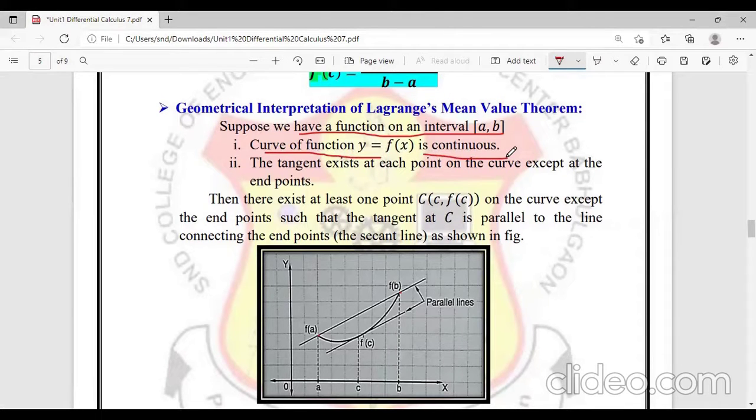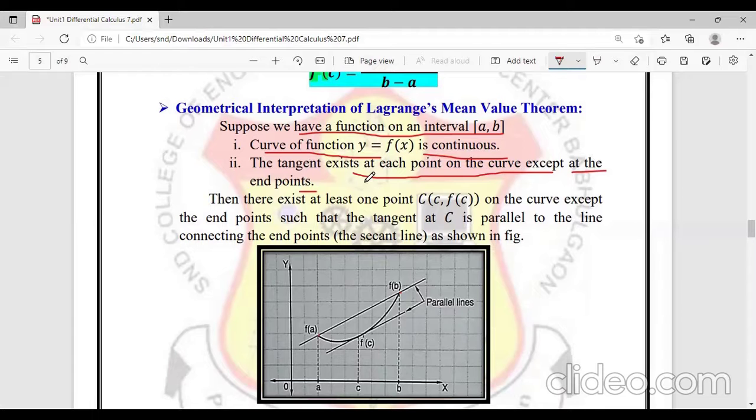The second condition is that the function is differentiable in the open interval AB, and the geometrical meaning of differentiability is that a tangent exists at each point on the curve except at the endpoints. That is, it does not get a tangent at the endpoints.